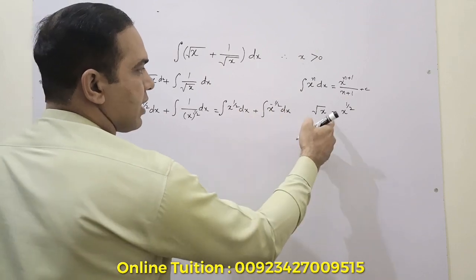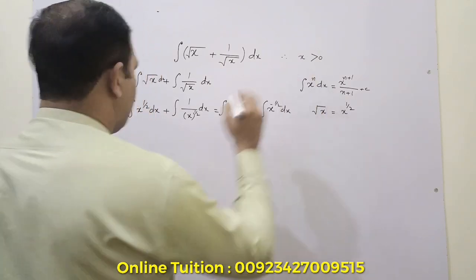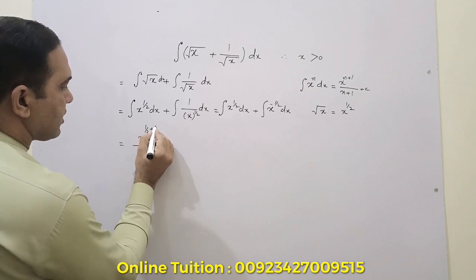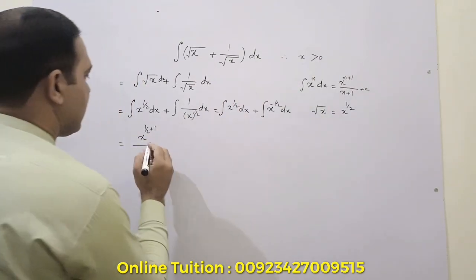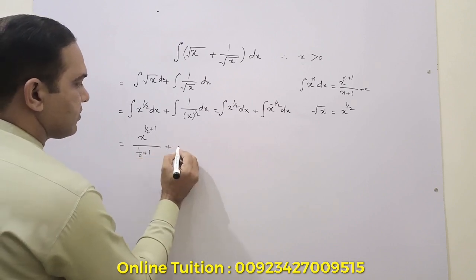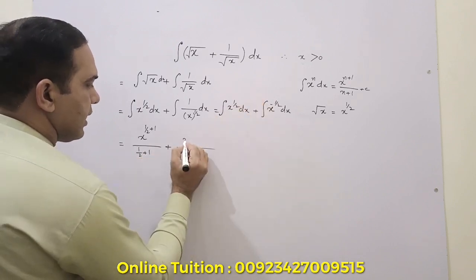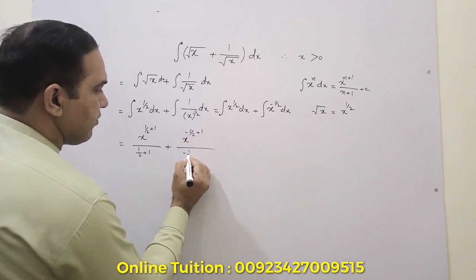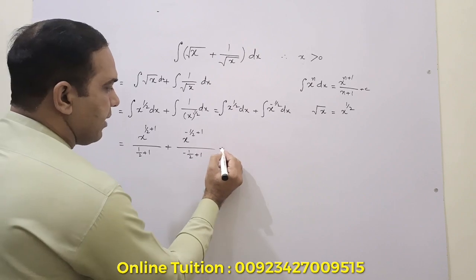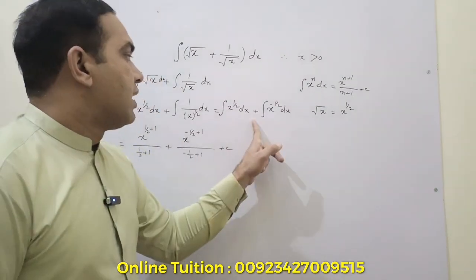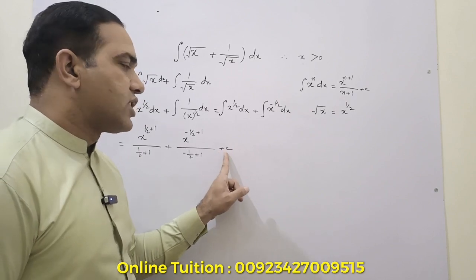Here, look at this formula. x raised to 1 over 2 plus 1, and the same value will be over here, plus x raised to minus 1 over 2 plus 1, and the same value will be over here, plus c. When you perform the integration, then at the end you put c.